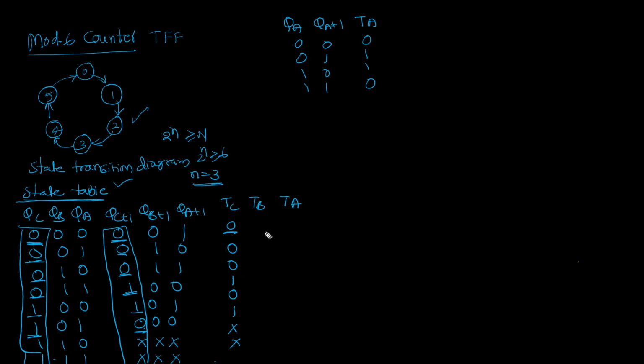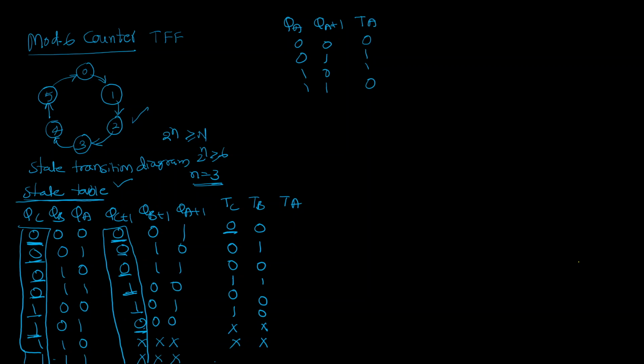Similarly, I can write it for TB. For TB also, in similar lines, I will get 0 1 0 1 1 0 0 1 0 0, don't care, don't care. Similarly, we get 0 1 1 0 1 0 0 1 1 0 0 1 1 0.